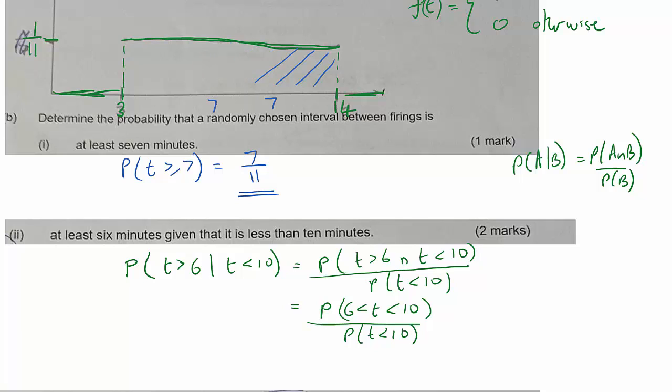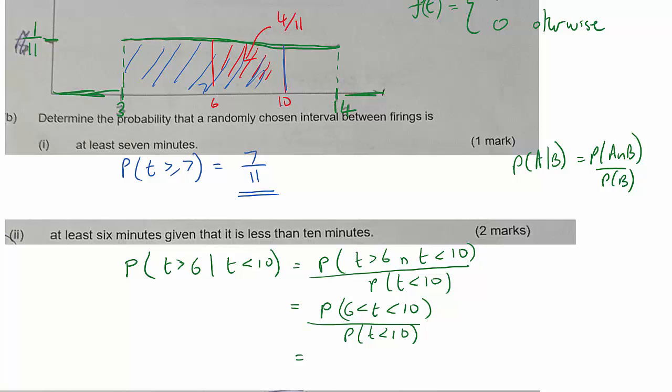Now, if we go back to our diagram up here, if we think about the 6 to 10, that's a width of 4, so that's 4/11ths. And if we think about less than 10, that's this whole rectangle here. That's 3 and 10 there, so that's a width of 7. So that would be 7/11ths.